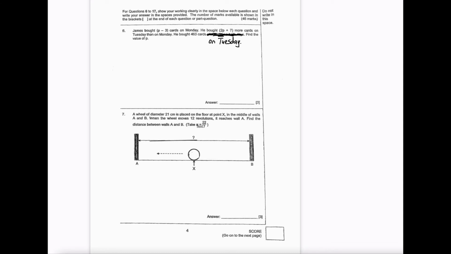So, how much was bought on Monday? Let's do it. He bought 2P plus 7 more cards on Tuesday than on Monday. So Tuesday will be Monday plus 2P plus 7.